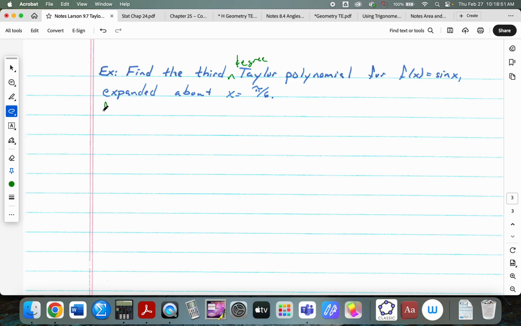So f of x is sine of x. F at pi over 6, let's see, sine at pi over 6 is what? It's 1/2. F prime of x will be cosine of x. So f prime at pi over 6 is square root of 3 over 2.